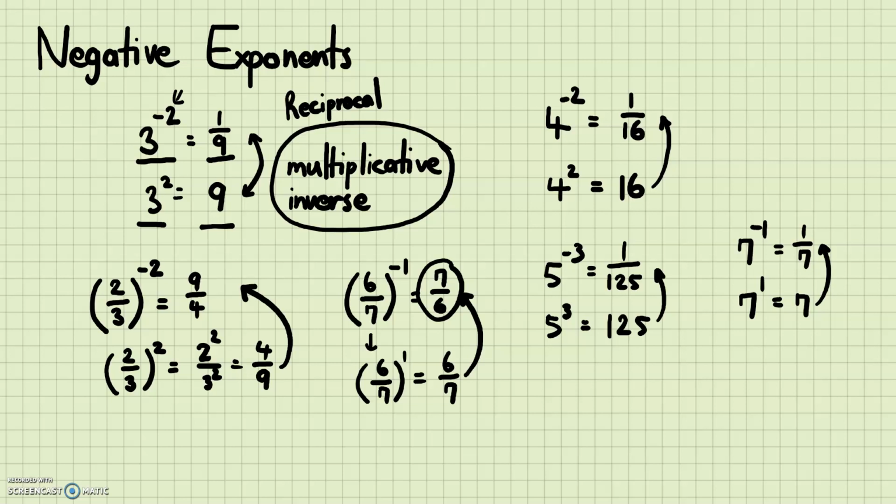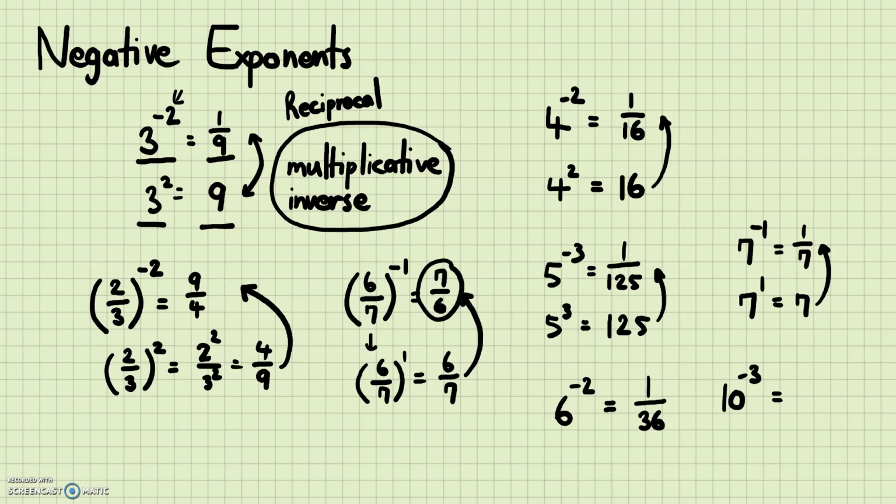And then with practice, for example, if you have something like 6 to the negative 2, you can just automatically do this in your head. You can automatically think, okay, 6 squared is 36, but since there's a negative here, I need to do the reciprocal of 36, so that's going to be 1/36. Or 10 to the negative 3.